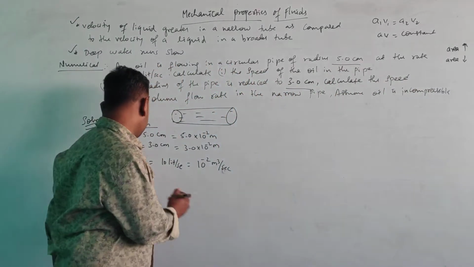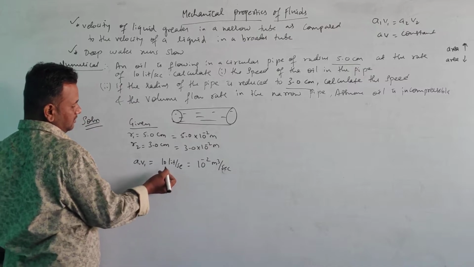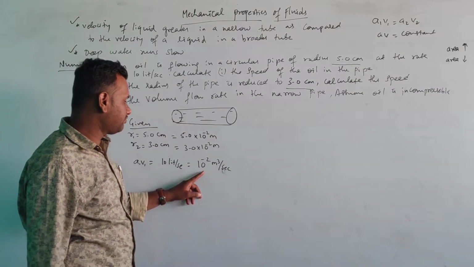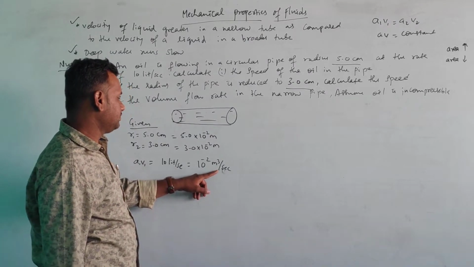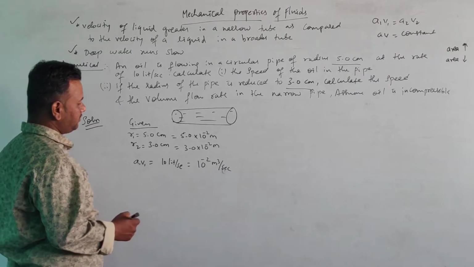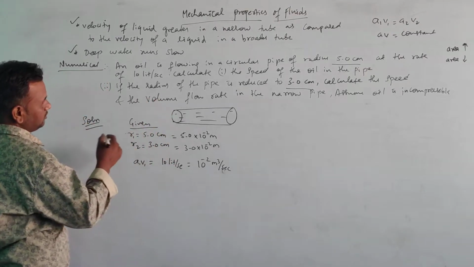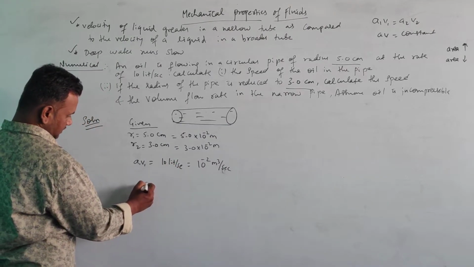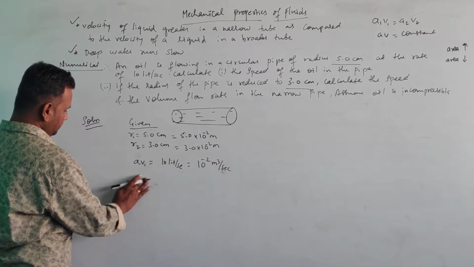So A1V1 is equal to 10 to the power of minus 2 cubic meter per second. Now we will calculate the first question, that is the speed of the oil.